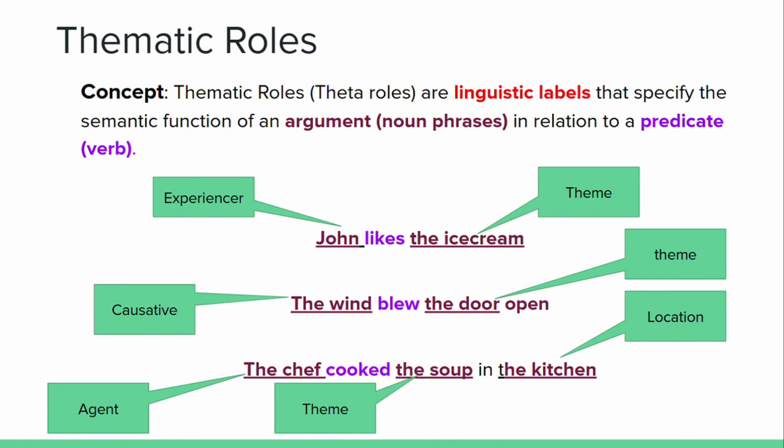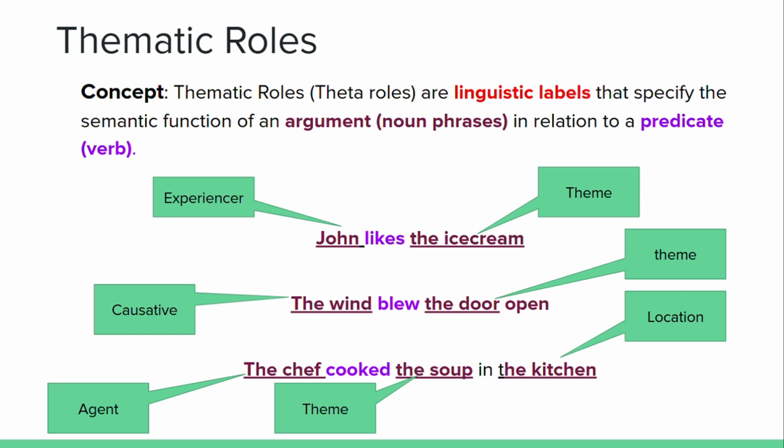Let's look at those three sentences. John likes the ice cream. So here, the subject John as a noun is assigned the semantic role of experiencer, and the object, the ice cream, is assigned the semantic role of theme.